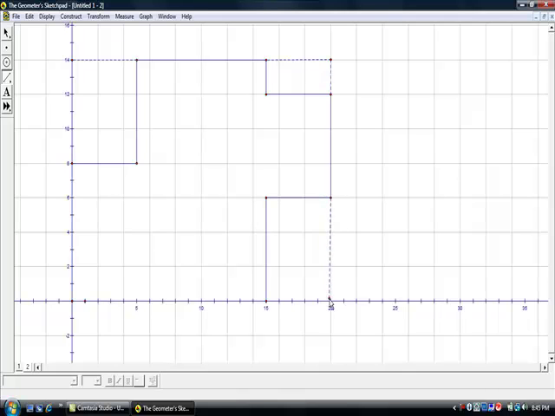So if you look at this, I've got basically one gigantic rectangle, and what I could do is cut the areas of this rectangle in the upper left, this rectangle in the upper right, and this rectangle in the lower right out of it. If you look at this big rectangle, it's 20 by 14, so that's 280 square units. So the big one's 280.